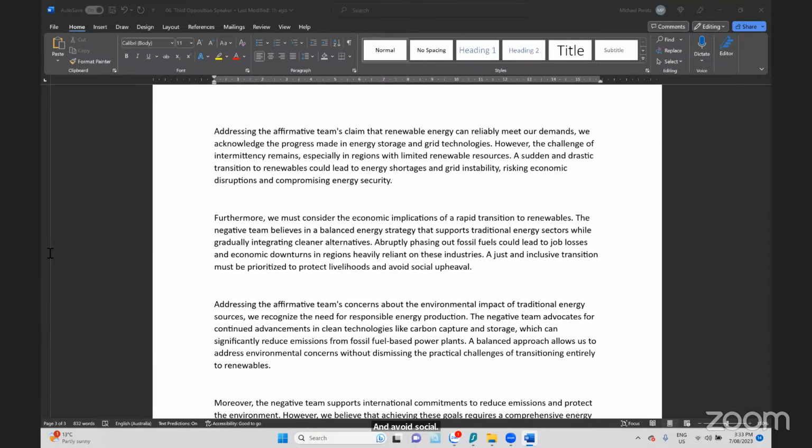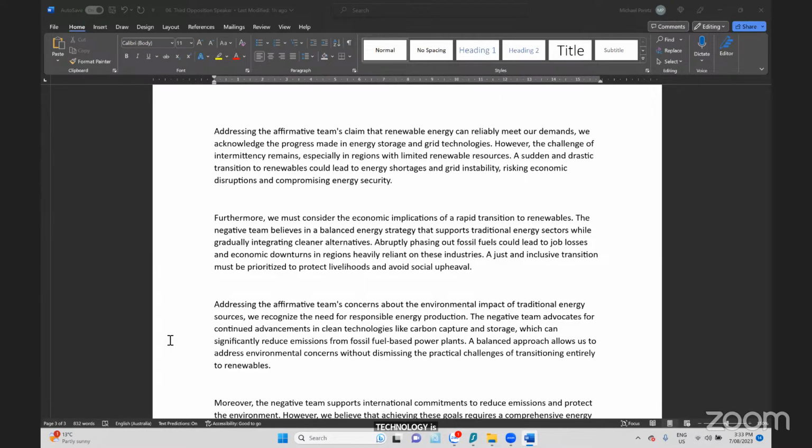Addressing the affirmative team's concerns about the environmental impact of traditional energy sources, we recognize the need for responsible energy production. The negative team advocates for continued advancement in clean technologies like carbon capture and storage.